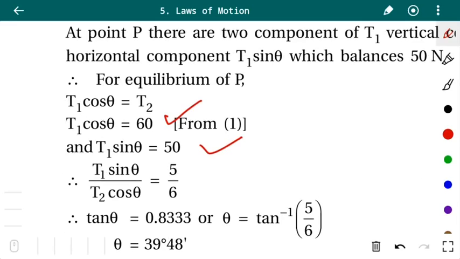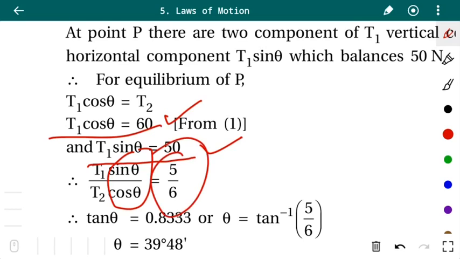Using these equations, T1 cos theta equals to 60 and T1 sin theta equals to 50, taking the ratios, T1 sin theta upon T1 cos theta equals to 50 by 60, that is 5 by 6. This becomes tan theta equals to 5 by 6, which is equal to 0.8333.